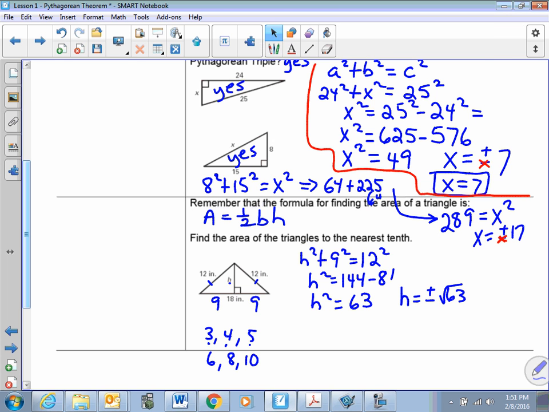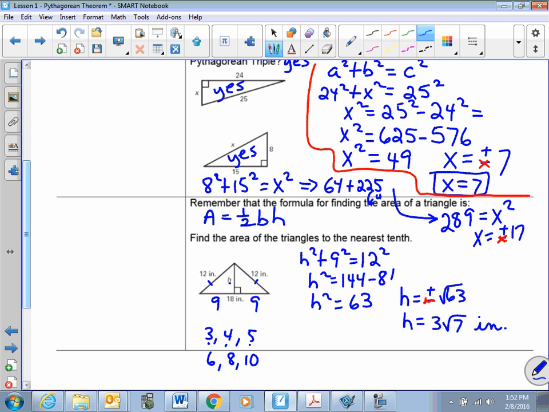Well, we know we're going to get rid of the negative. So guys, for the time being, as long as we're talking about triangle side lengths, I'm not going to find the negative answer, but just remember, if we're not talking about lengths, you have to have a plus and a minus. So h is going to give us here, we got a perfect square in there, 9. 9 times 7, so that'll be 3 times the square root of 7, and we're talking about inches here.